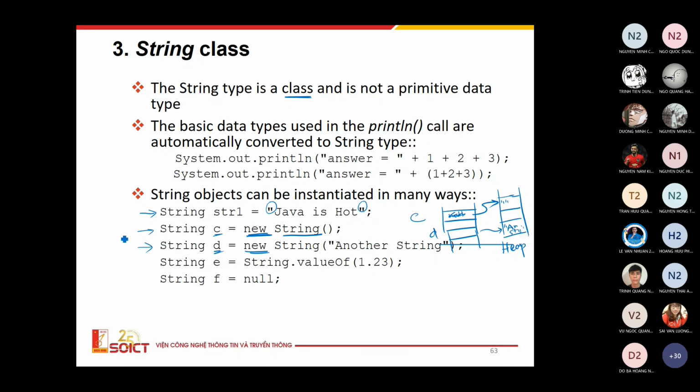Okay, this is the syntax for using the String class. Again, you have learned about the wrapper class, and you know that this is one of the methods of the String class to convert the value 1.23.